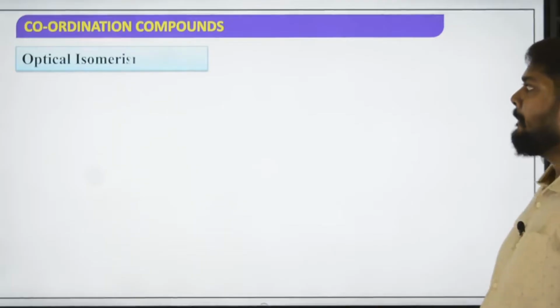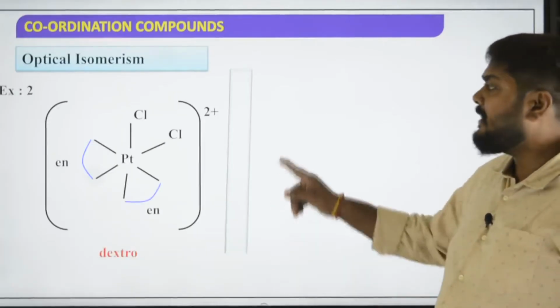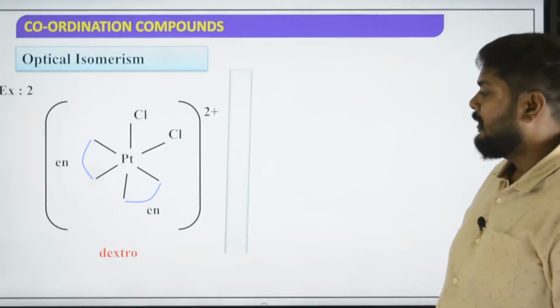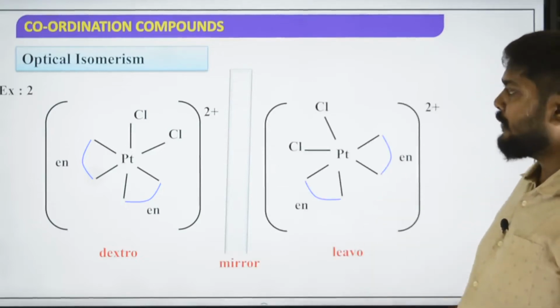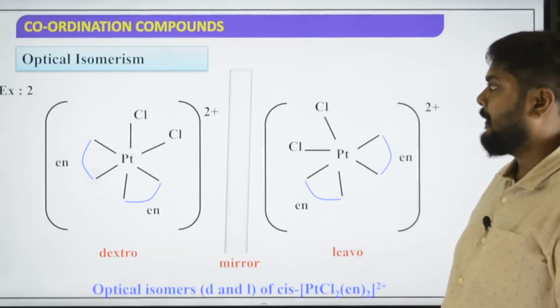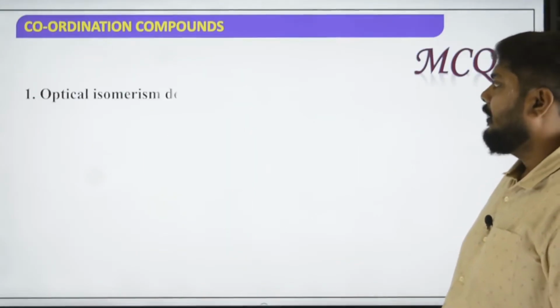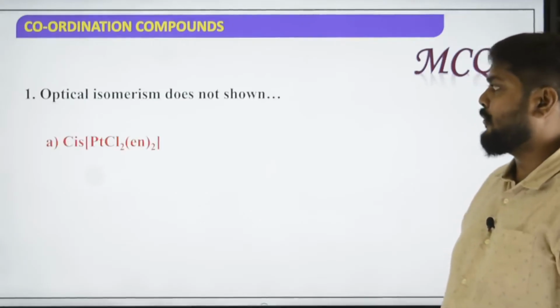Co(en)3. Next, second example, Co(en)2Cl2. This is your dextro and this is your levo, right? This is also an example for optically active complex, right?